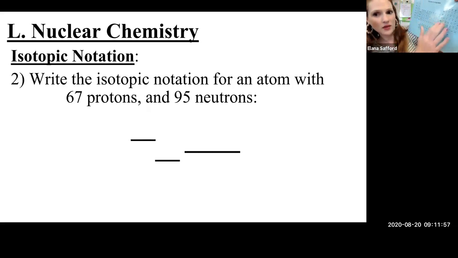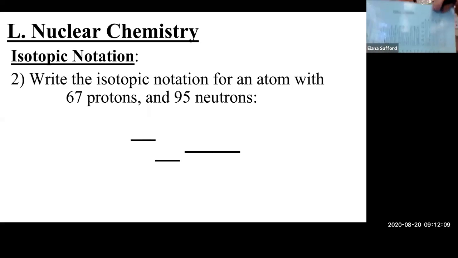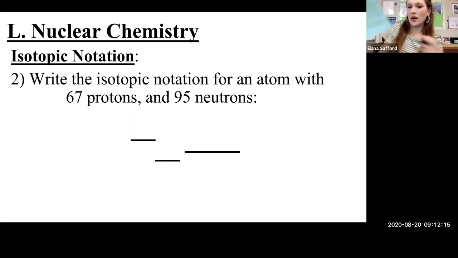So if you are like, hey, why did this go from number, for example, 57, and then I skipped all the way over to 72, it's just because they're on the bottom. So in this case, 67 is down here. You're going to find it down here. It is HO.